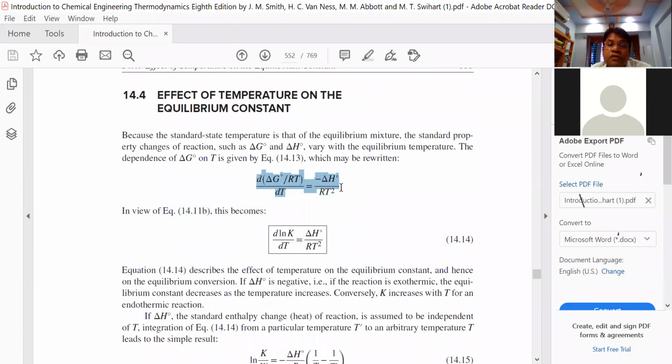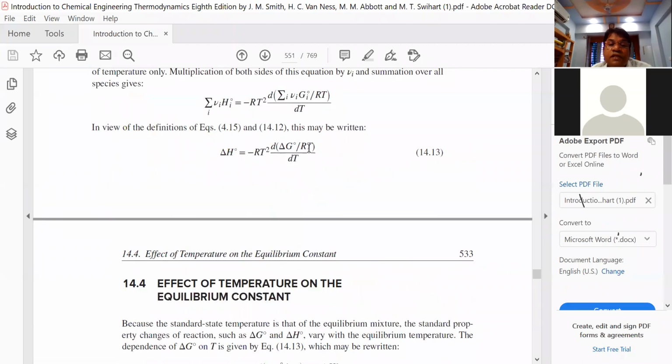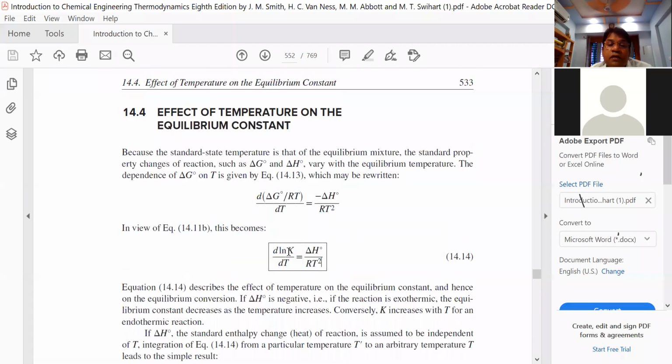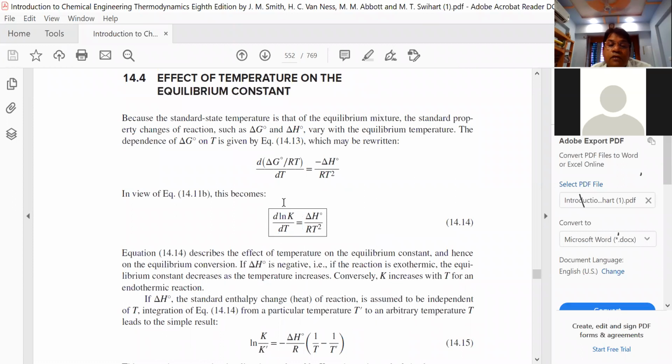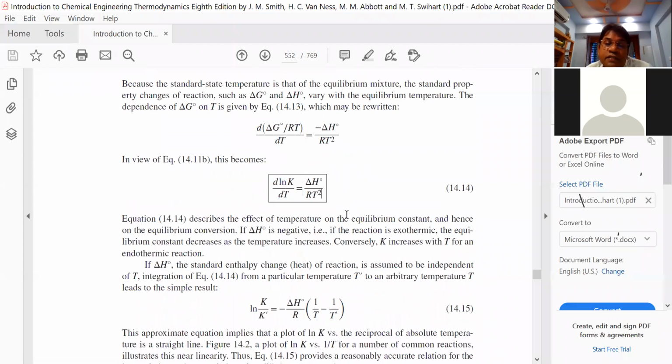This equation you can simply remember; this is the better equation. This is known as the Van 't Hoff equation. It comes from this relation: d ln K by dT is equal to delta H0 by RT squared. Again, this form of equation is very important.